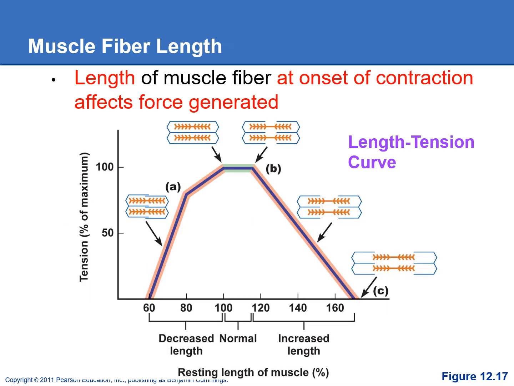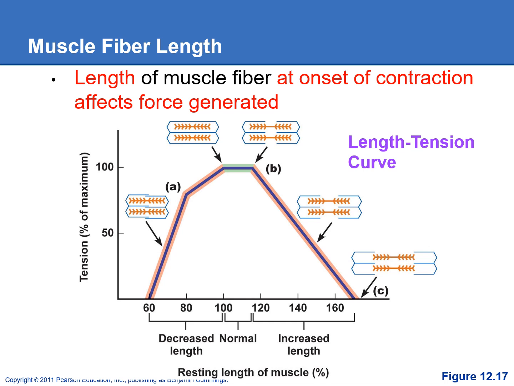Okay, and then the last thing that can affect how much force an individual muscle cell can produce would be the length of the muscle fiber. Our muscle cells are actually set at just the right length to generate the maximum amount of force when they contract.